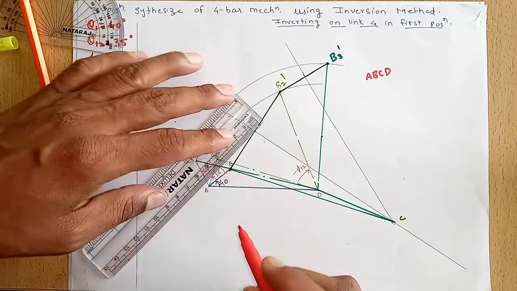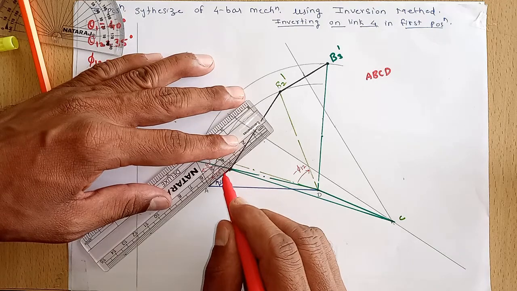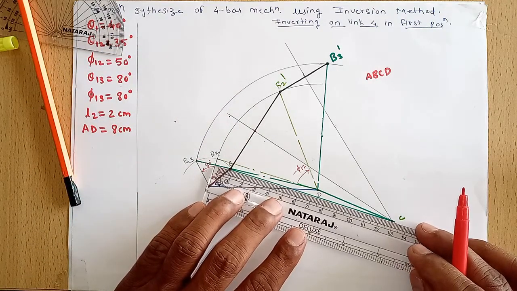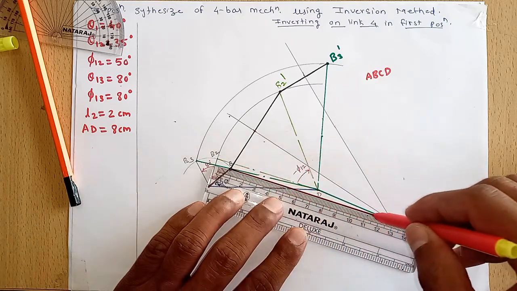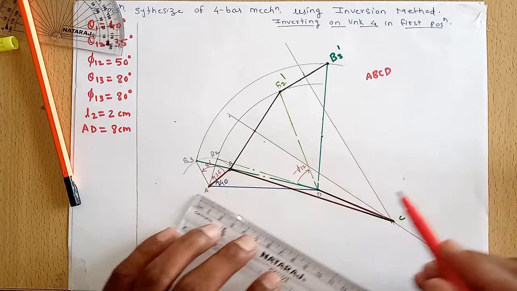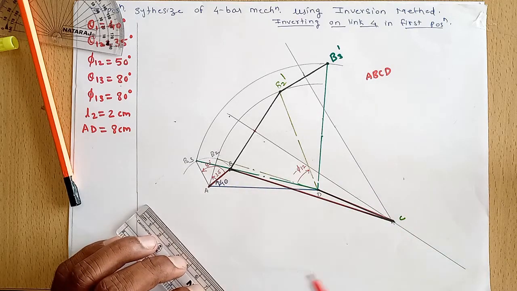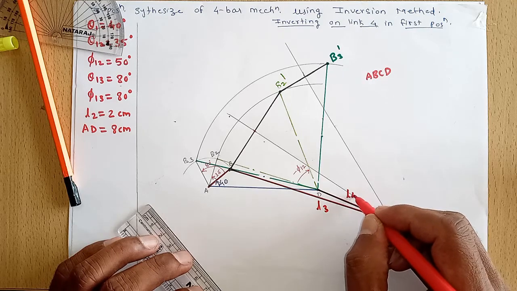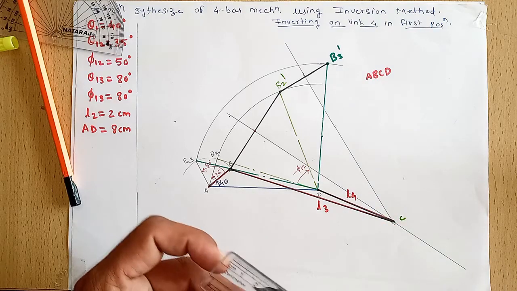So this is link number 2. This is coupler link number 3, and this is link number 4, CD, and the fixed link is link AD. Take the length of the coupler link as L3 and the length of the output link as L4.